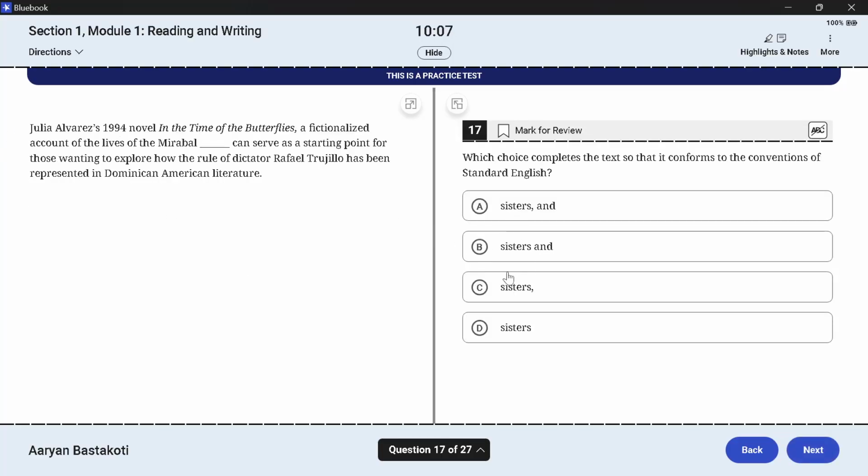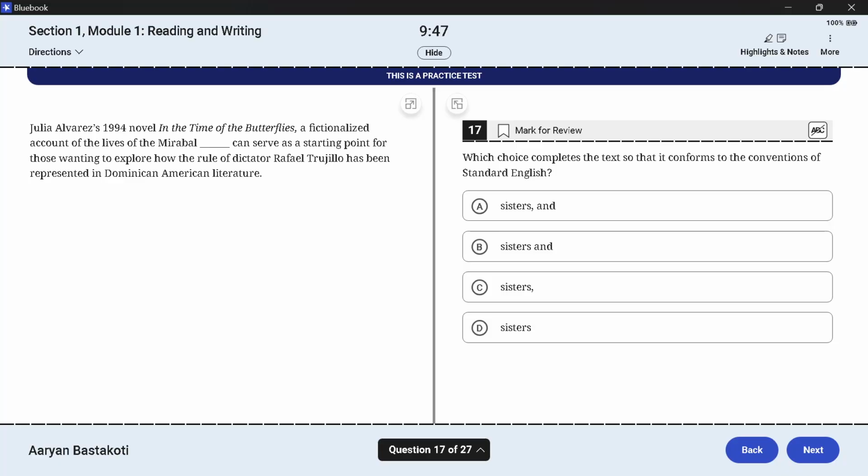Okay, the question is about punctuation, and this is only used if there are two independent sentences. This is used otherwise. Okay, I understand. Julia Alvarez's 1994 novel In the Time of Butterflies, a fictionalized account of the lives of the Mirabal sisters.